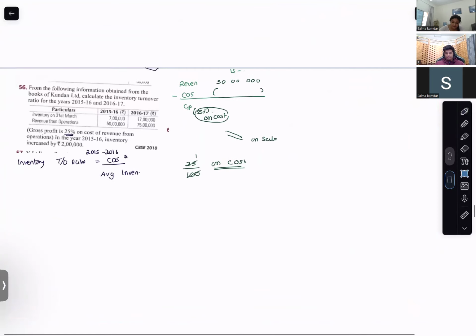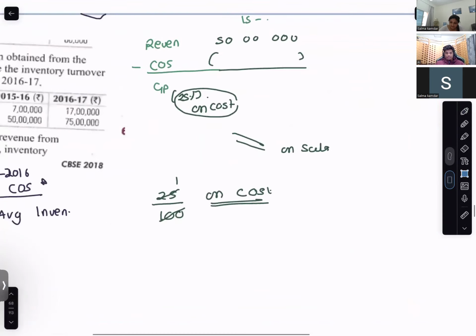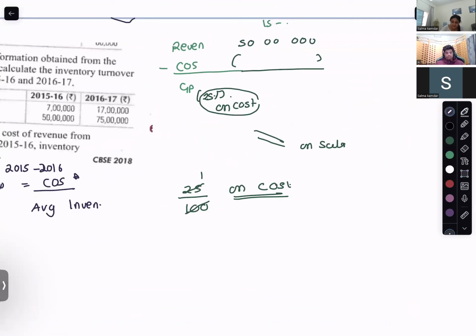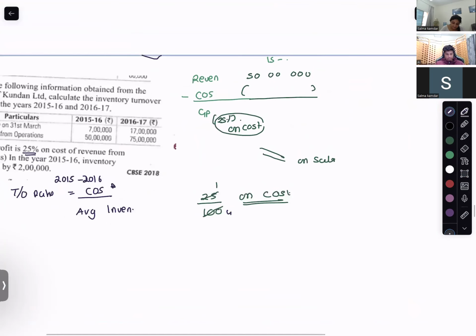So now we had information where they told us that the gross profit is 25% on cost. So 25% on cost is 1/4 on cost. So it will become how much on sales? 1/5 on sales. Do I have the sales now?